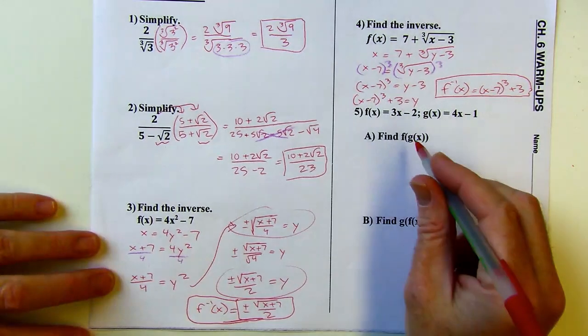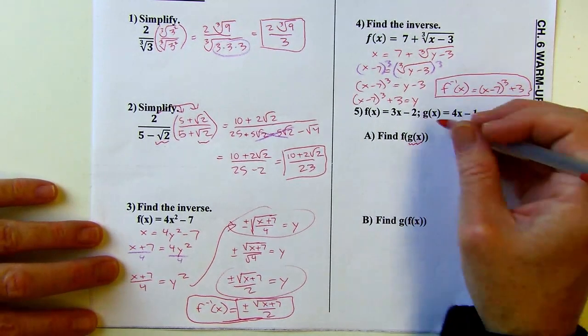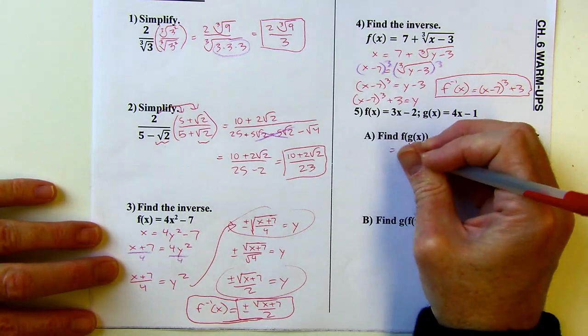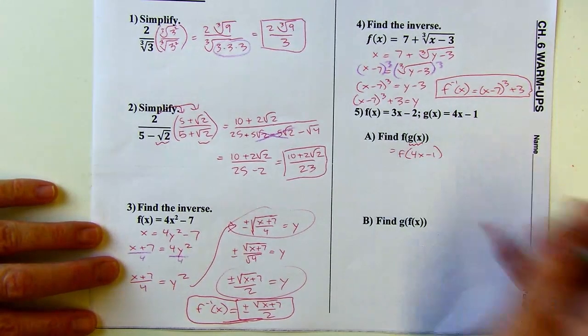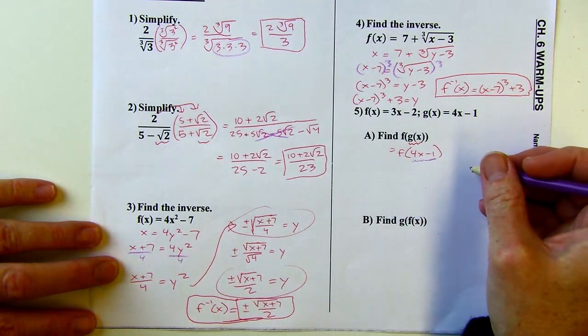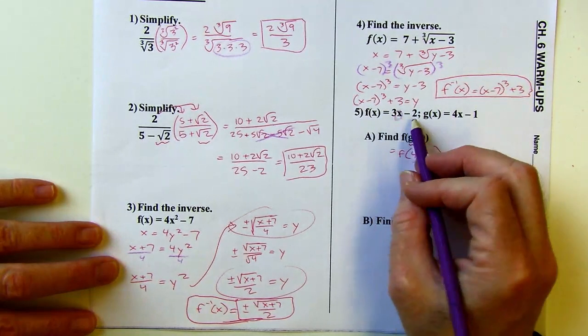So I've got f of g of x, so I'm going to start with the innermost piece, the g of x, and replace g of x with 4x minus 1. That's what g of x equals. So this is f of 4x minus 1. Okay. Now that means this is going to be my input in function f. So the input goes where the x is, so it's going to be 3 times something minus 2.